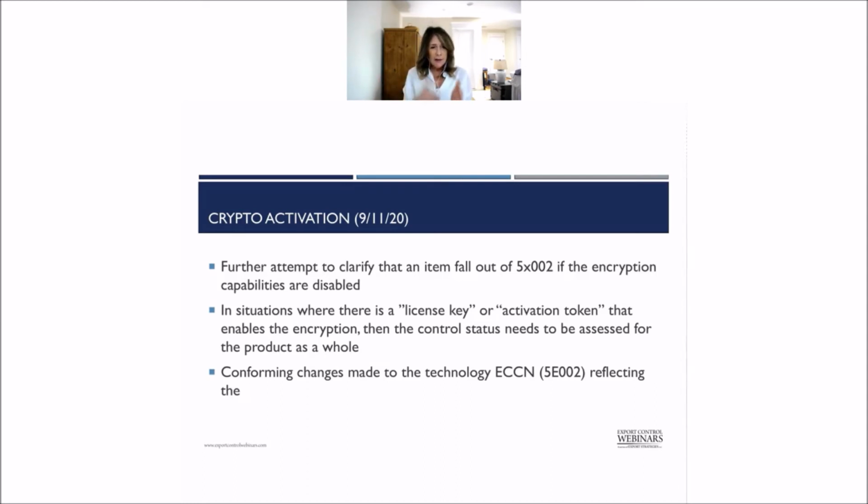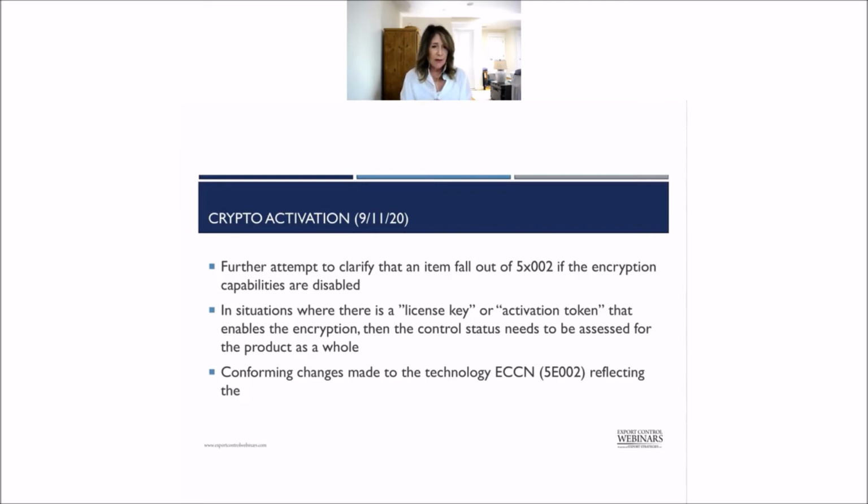Then the next line item would be the key, the cryptographic enabling device. It doesn't have to be hardware, it's usually software, and that carries the classification in Category 5 Part 2. So you might have 5A002 for the key, when the box itself with the functionality disabled is 5A991.